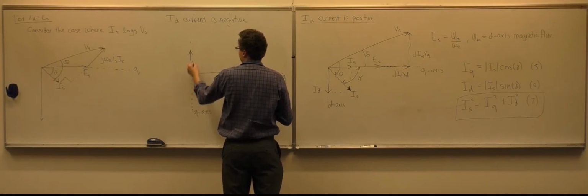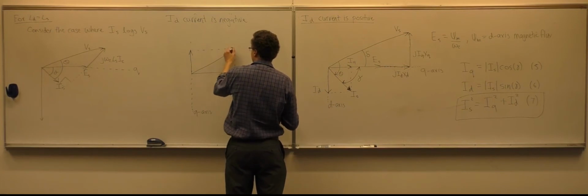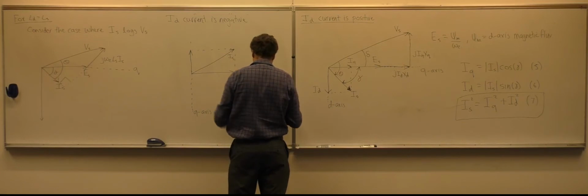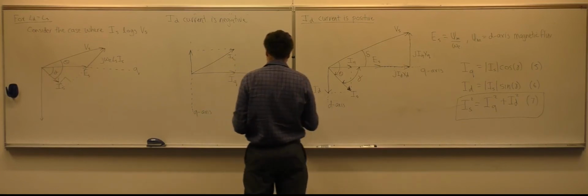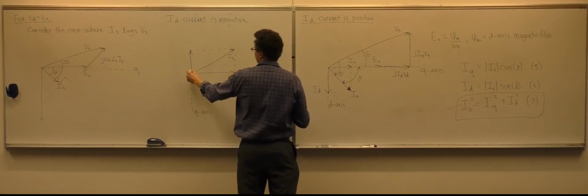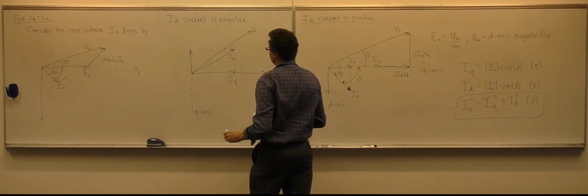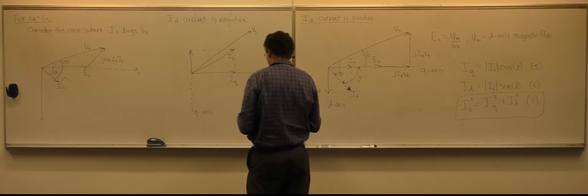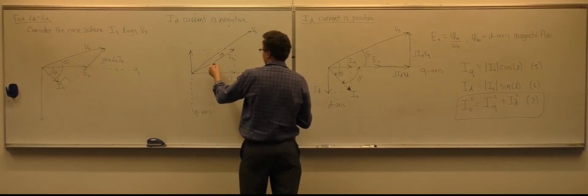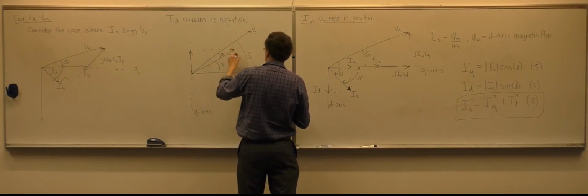Then the net current would be located, say, here, and putting that together, the voltage could be located like here. So this would be theta, and then this is gamma, and then this is delta.